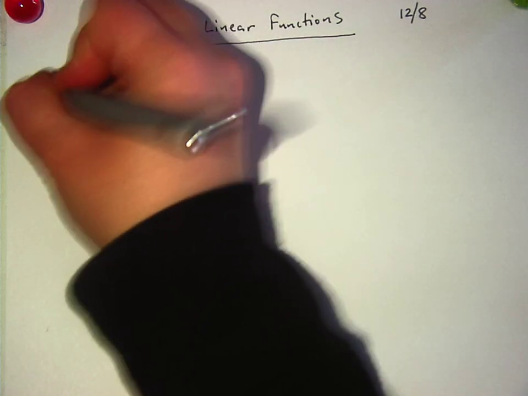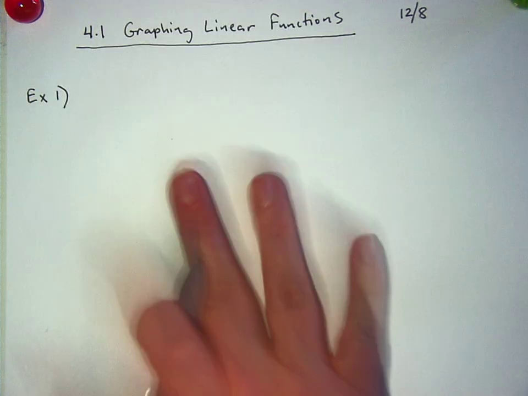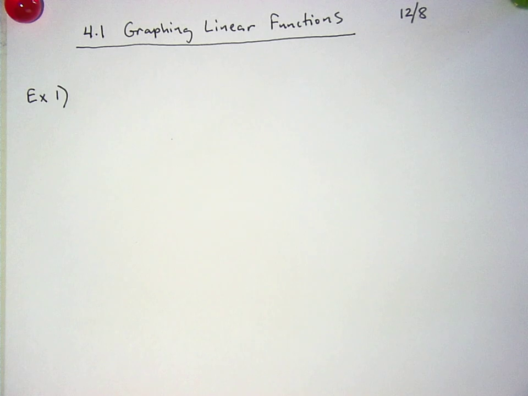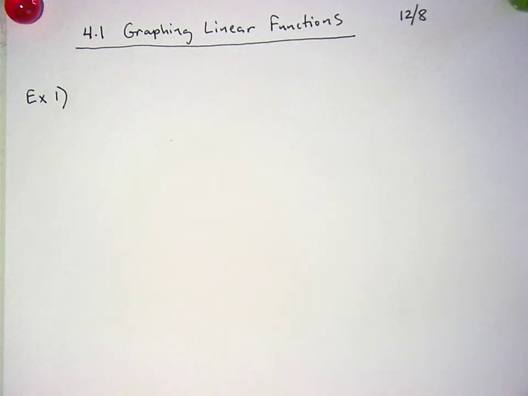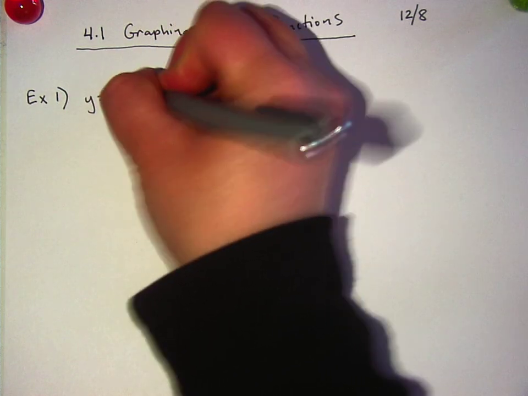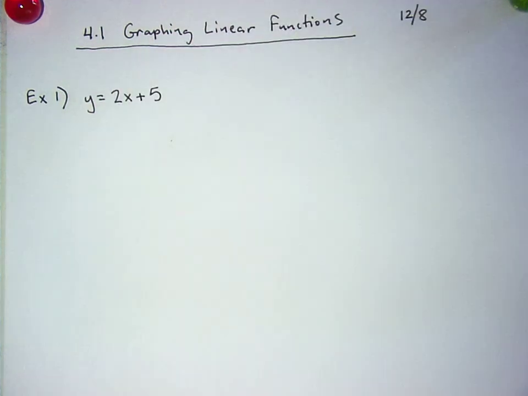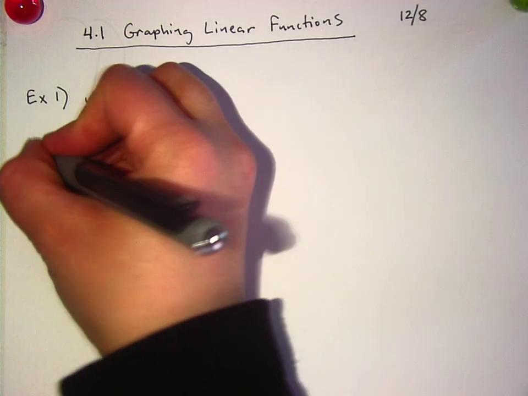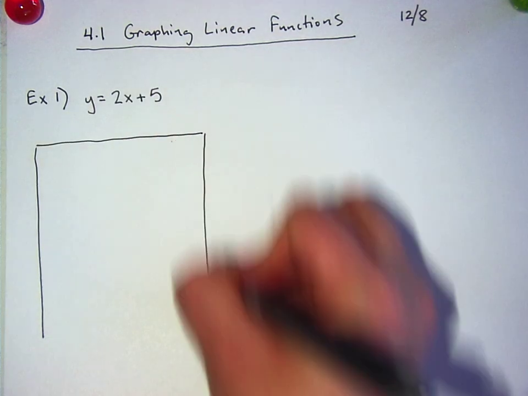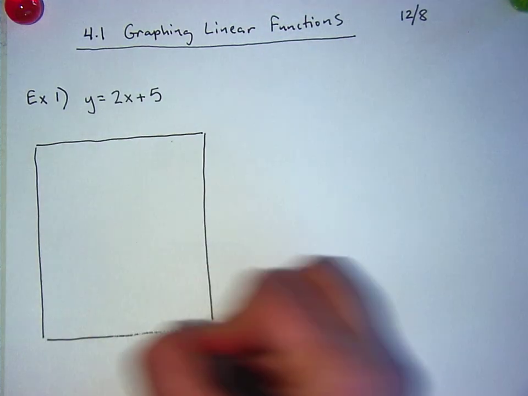So example 1. Again, this is on the back side, and on the front side I'll switch to graph paper whenever we do that, okay? The first equation we're gonna try to graph is y equals 2x plus 5. I have a specific way I want you to do it at first, and then eventually we'll go faster and you can skip this part if you want to.